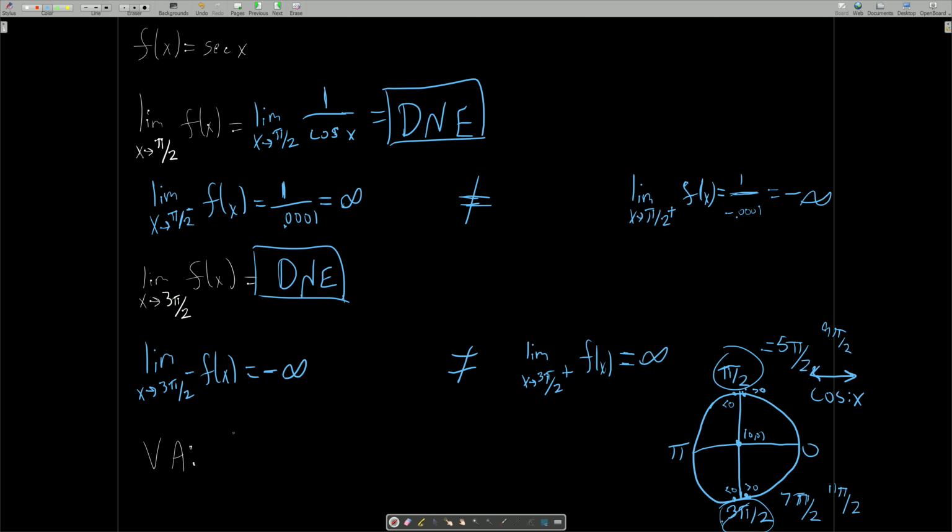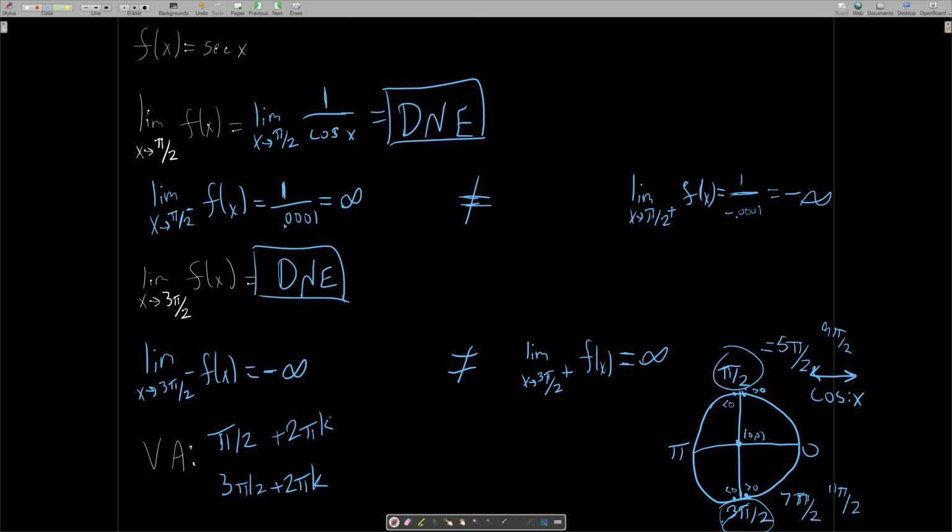And so, if you're writing the vertical asymptote for this, you write pi over 2 plus 2 pi k, and also 3 pi over 2 plus 2 pi k. And k is just any number.